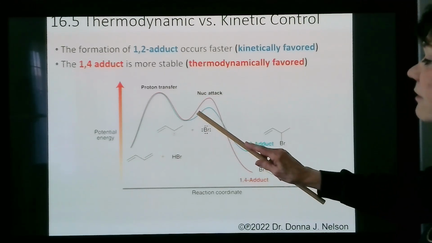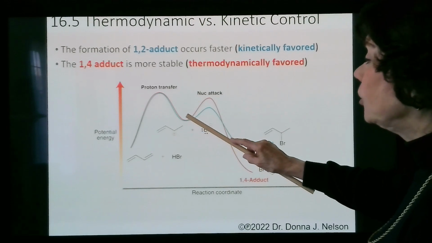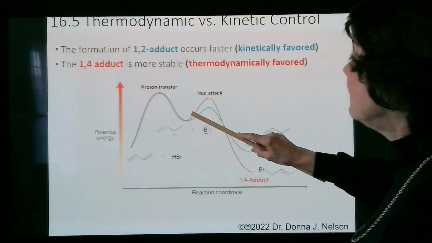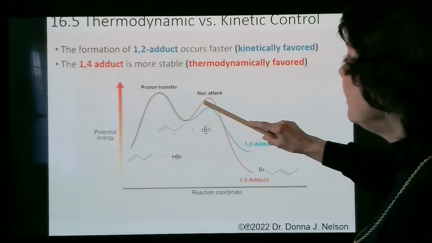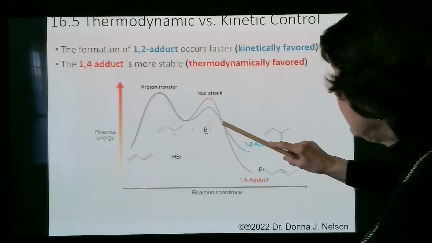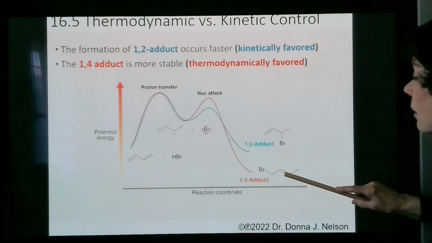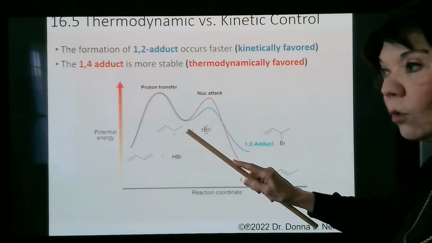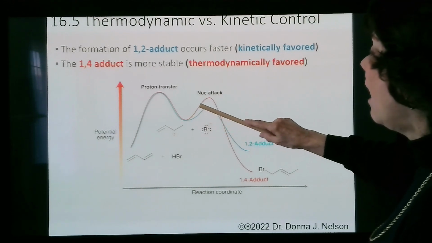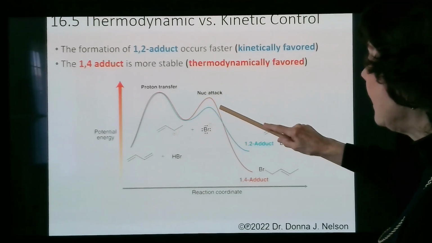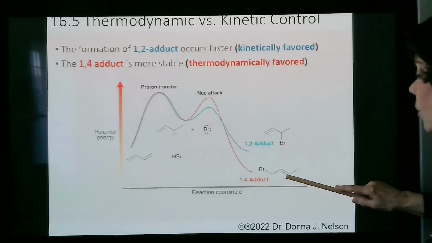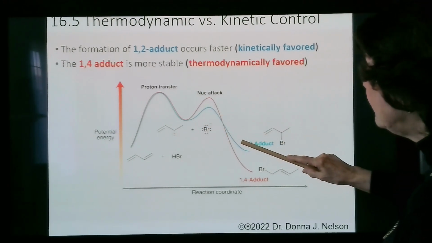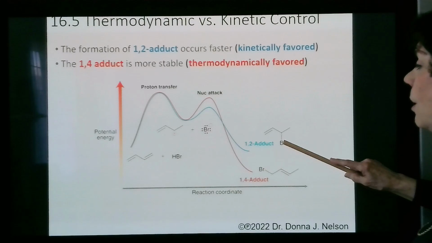So here you have this interesting and unusual situation in which the higher energy transition state leads to the more stable product. So this is unusual in that the higher energy transition state leads to the lower energy product. Here, the lower energy transition state leads to the higher energy product.